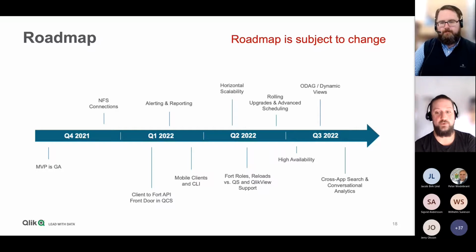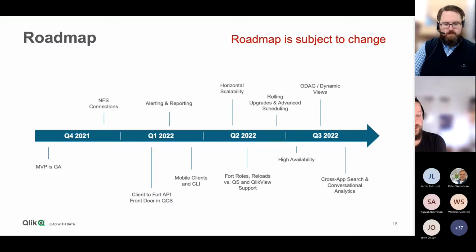Again, just the same way as we update the Qlik Cloud Services backend services to satisfy all the customers that are on our SaaS platform. So a close follow to the release today is NFS connections, which means how do I hook up local disk storage to my fort? Because that is something that we didn't have time to get into the first release.